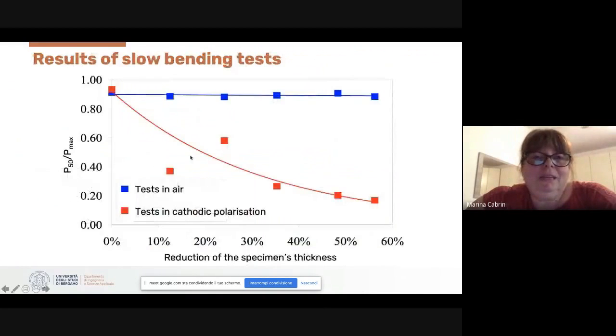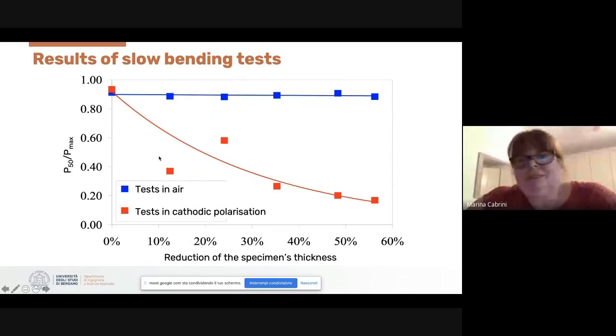It could be seen that there is an almost linear effect: as the reduction of the specimen thickness increases, the cold hardening of the specimen increases the hydrogen embrittlement.